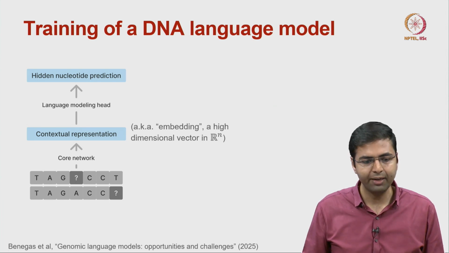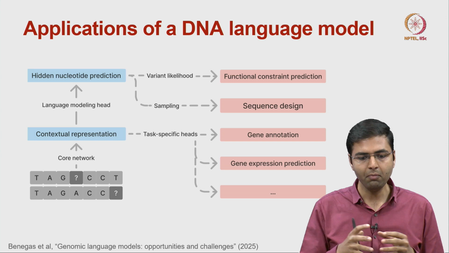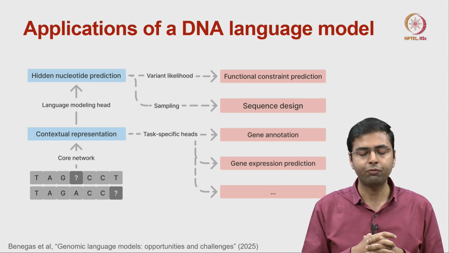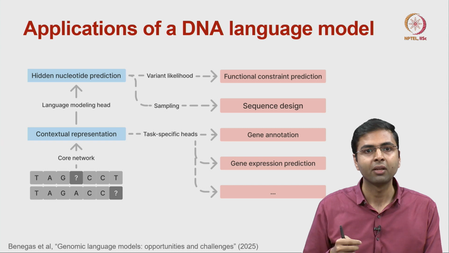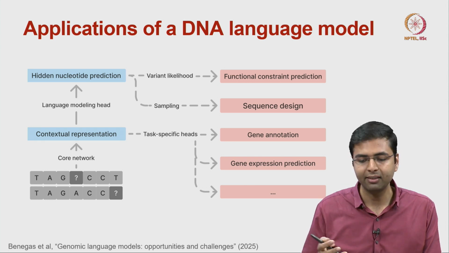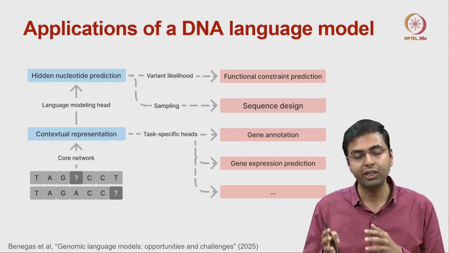Now, once the training is done, there are many potential applications of a DNA language model. For example, functional constraint prediction, sequence design, gene annotation, gene expression prediction, and so on.